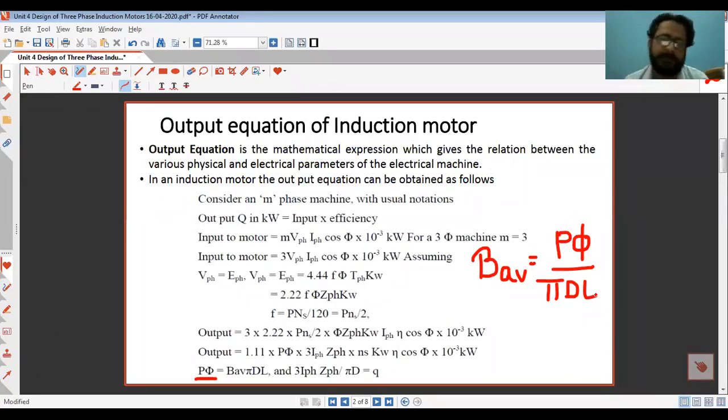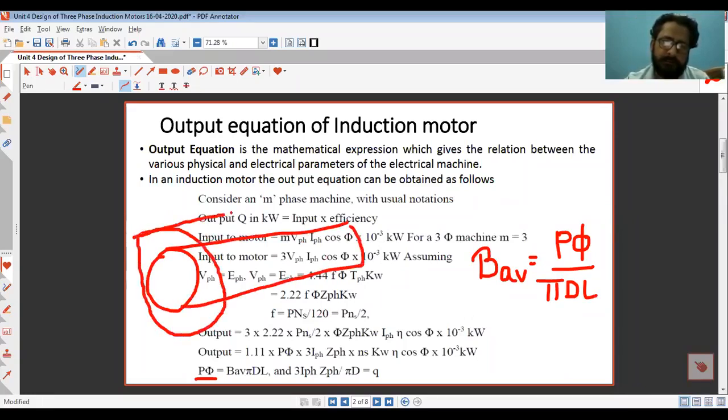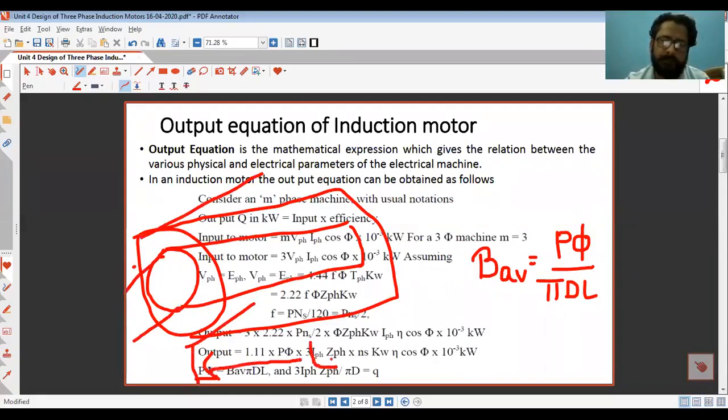D is the diameter of the rotor, or the stator, so it can be this one or it could be this one. And L is the length of the armature.